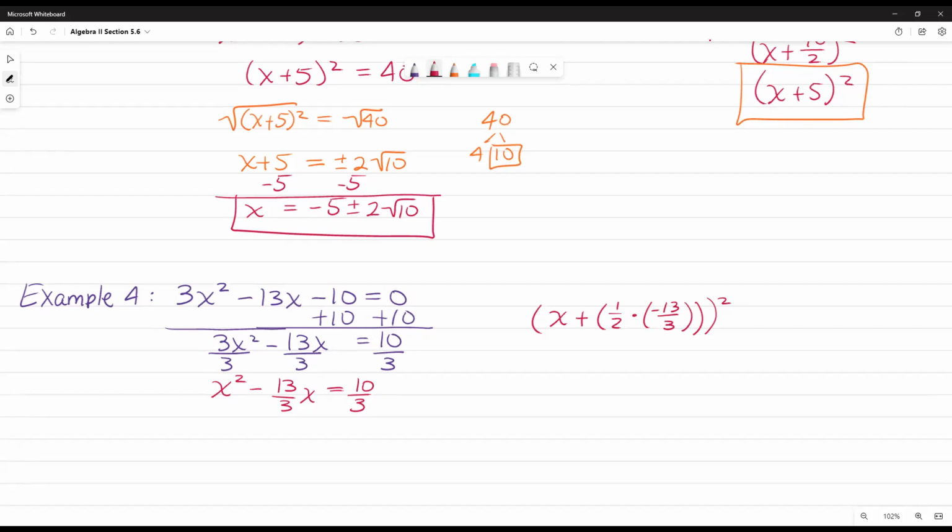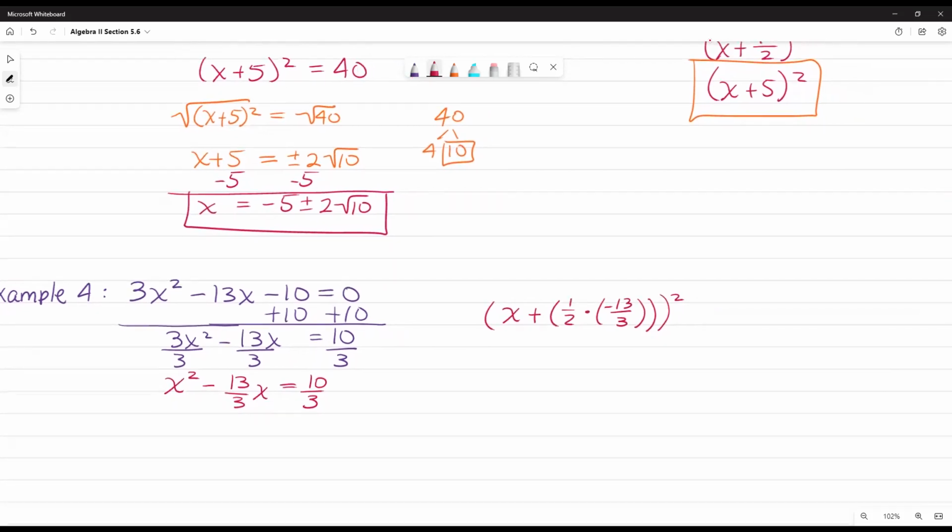All right, so essentially all we need to do is figure out this part right here. What is 1/2 times negative 13 over 3? So it's 1 times negative 13. I'm going to put the negative in between my x and my constant term. So this is just x minus 13 over 6, squared.